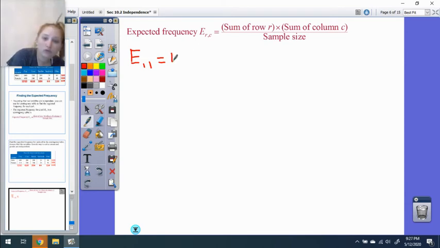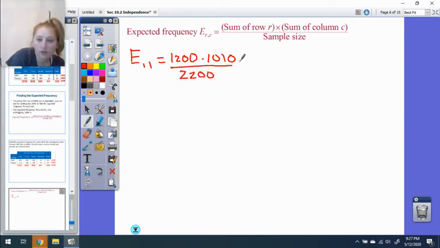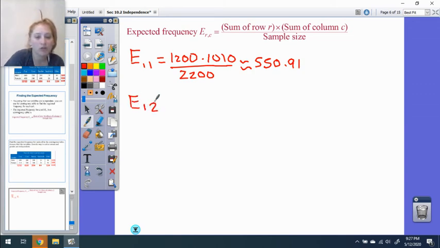So 1200 times 1010 divided by 2200, and we're going to get about 550.91. Then we're going to do the same thing with the first row, second column.